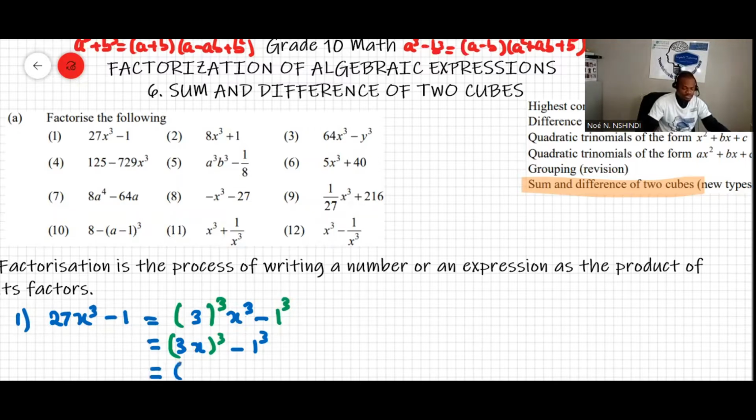This will be 3x minus 1 in the brackets, then open brackets, there's a negative here, and then 3x squared, which is 9x squared, minus ab. Maybe I should write everything.